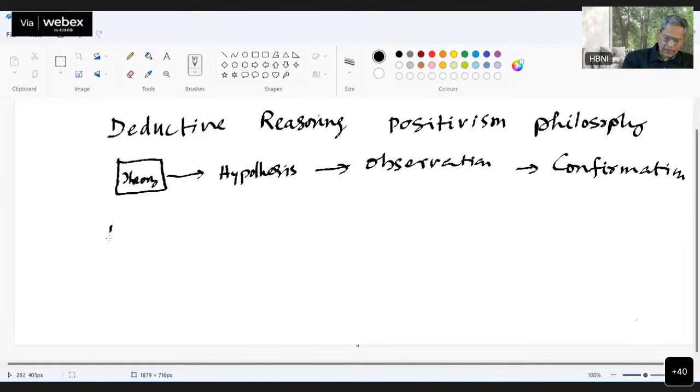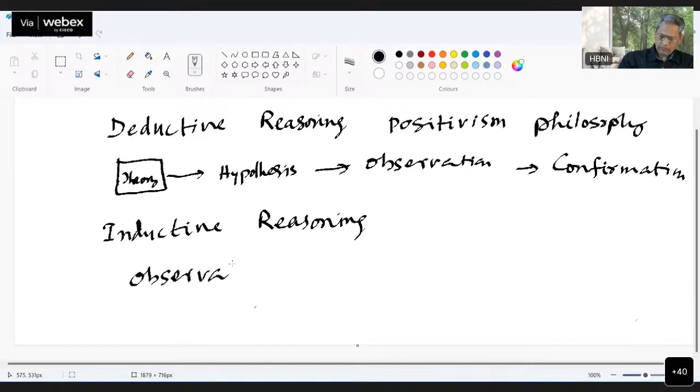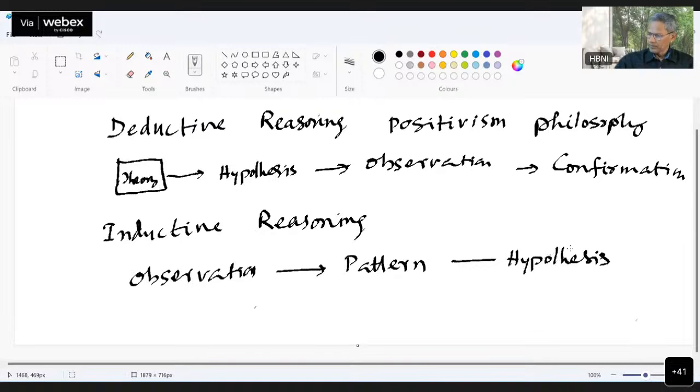The other one is inductive. That is, you start with an observation, then you go to pattern, then from pattern to hypothesis, from hypothesis to theory.